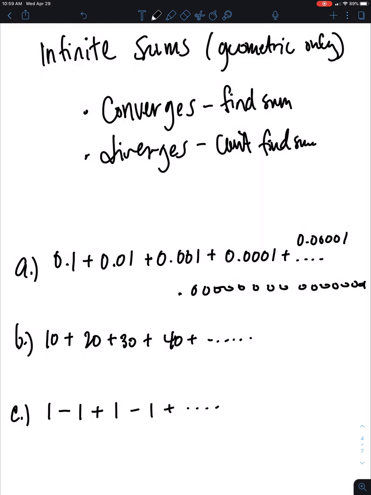Okay, so that's why this will converge. And I'm going to tell you how to find the sum in the next screen.